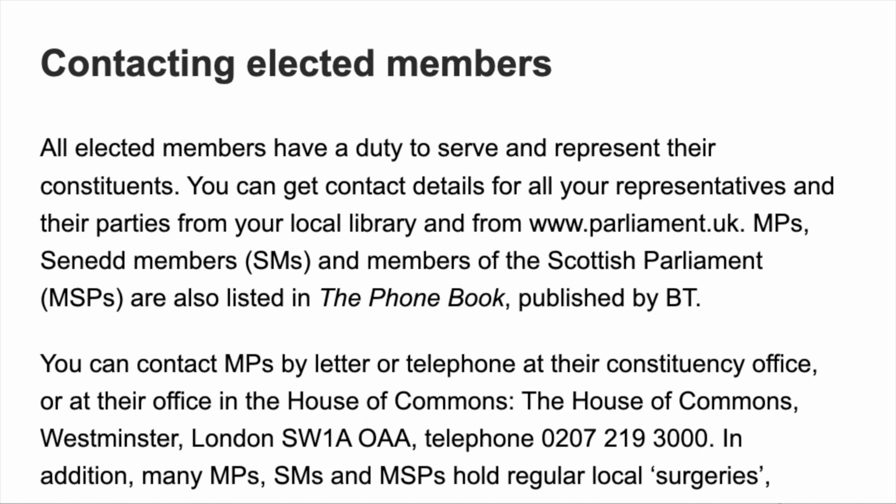Contacting elected members. All elected members have a duty to serve and represent their constituents. You can get contact details for all your representatives and their parties from your local library and from www.parliament.uk.